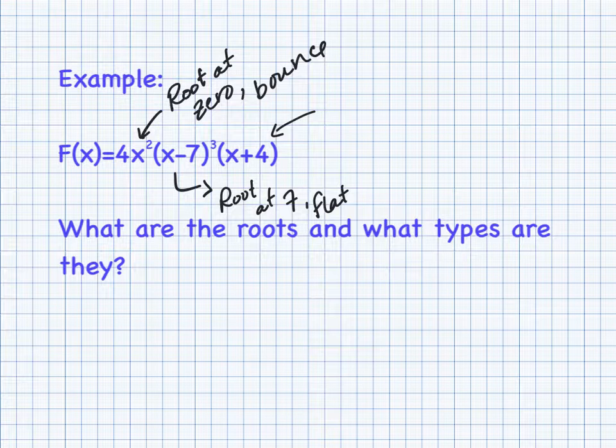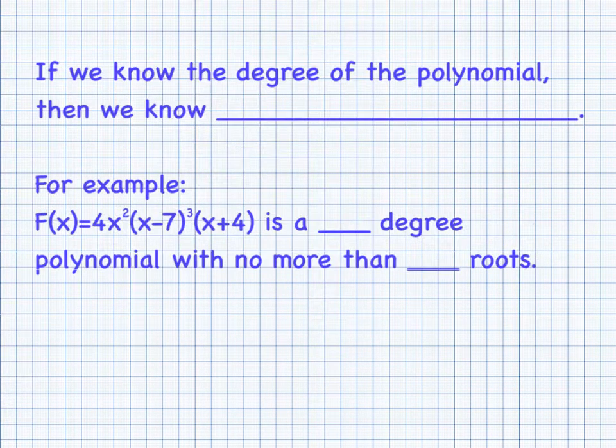And the root associated with x plus 4 would be a root at -4, and that would just cross because that has first degree or just no exponent. If we know the degree of the polynomial, we know the maximum number of roots.